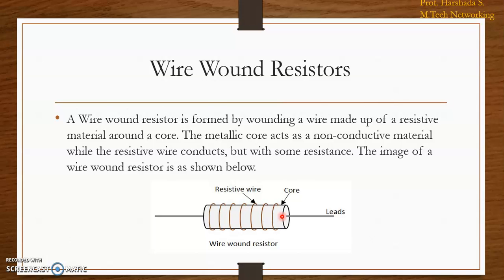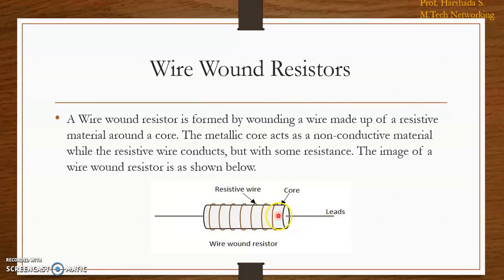The current flows through the wire winding material. Okay? Now some resistance is also offered by this non-conductive material.